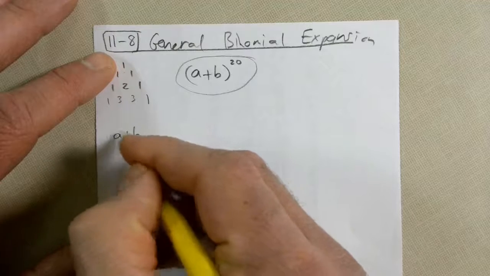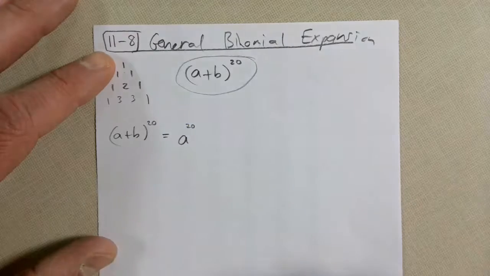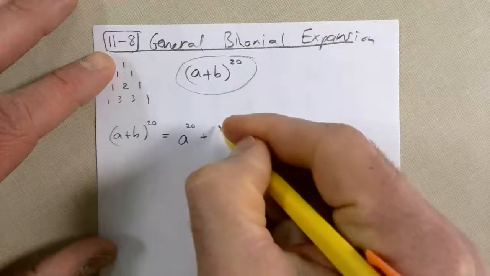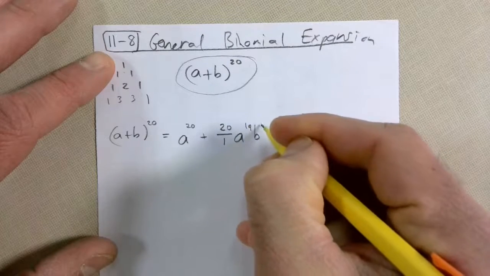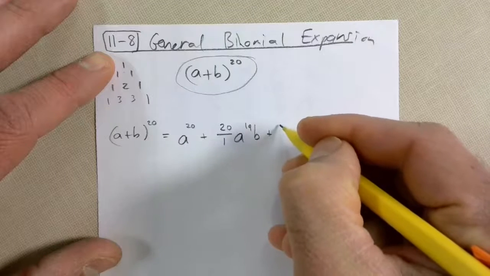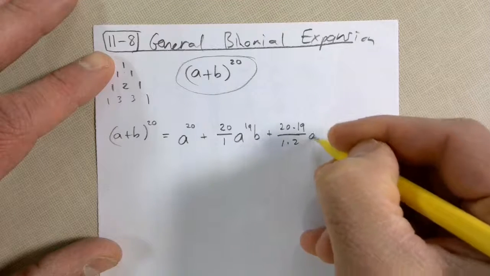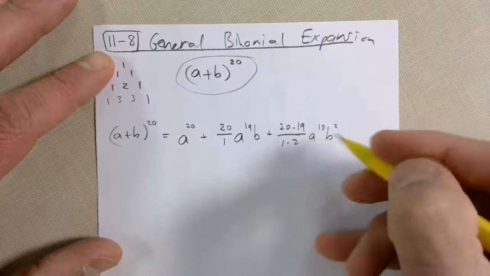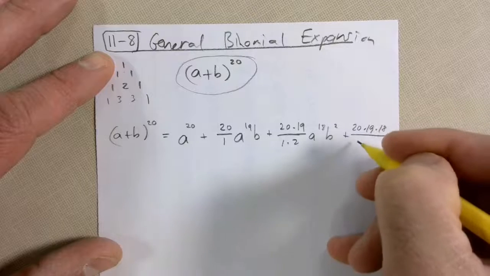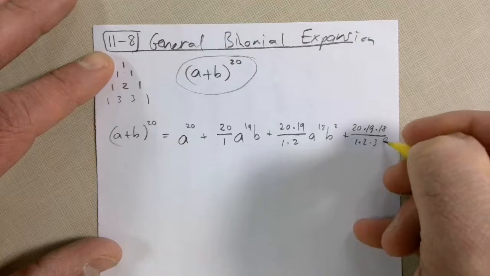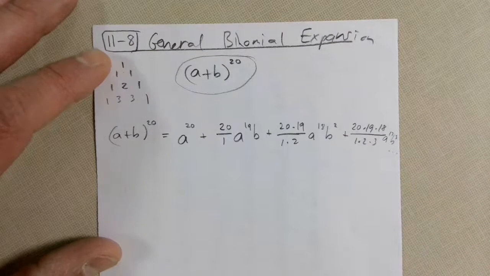So a plus b to the 20th power is equal to a to the 20th, and that one's always going to be like that, plus 20 over 1, a to the 19th, b, plus 20 times 19 over 1 times 2, a to the 18th, b squared, plus 20 times 19 times 18 over 1 times 2 times 3, a to the 17th, b to the third power, and so on and so on. There's a pattern here.